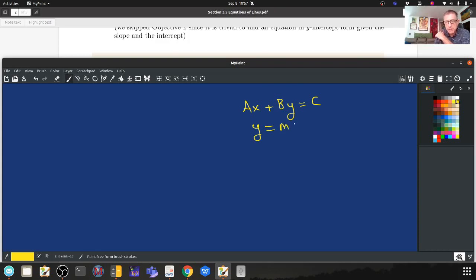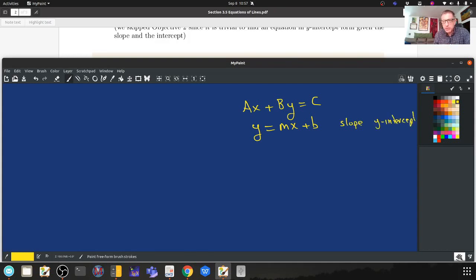Y is equal to mx plus b. Every line except the vertical ones can be expressed this way. This is called the slope Y-intercept form.